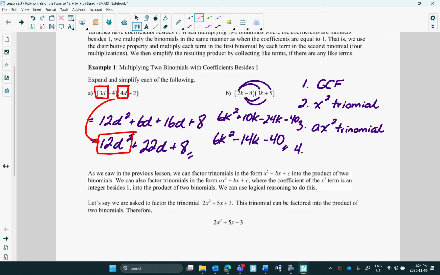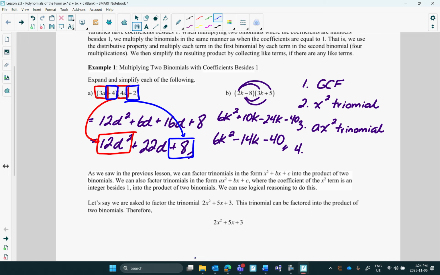The numbers, when I multiply them, plus 4 and plus 2, it's always going to be the last term of the answer. Always. For example, I know in my final answer, my first term is going to be 6k squared. My last term is going to be minus 40, which it is.